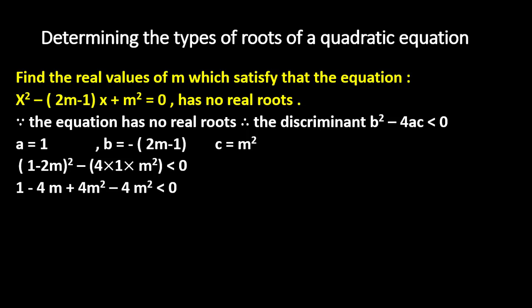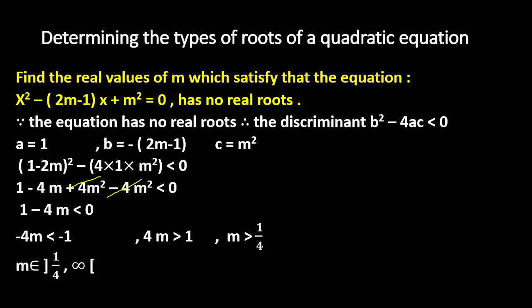Here first power 2 minus 2 by first by second plus second power 2, minus 4m power 2 less than 0. Okay, so here we have negative 4m, positive 4m power 2 and negative 4m power 2, so 1 minus 4m less than 0.